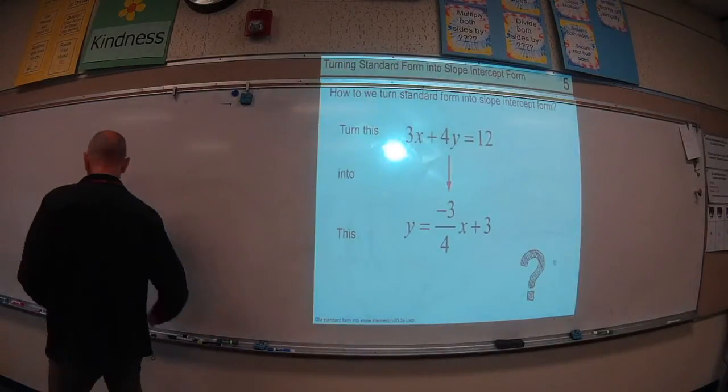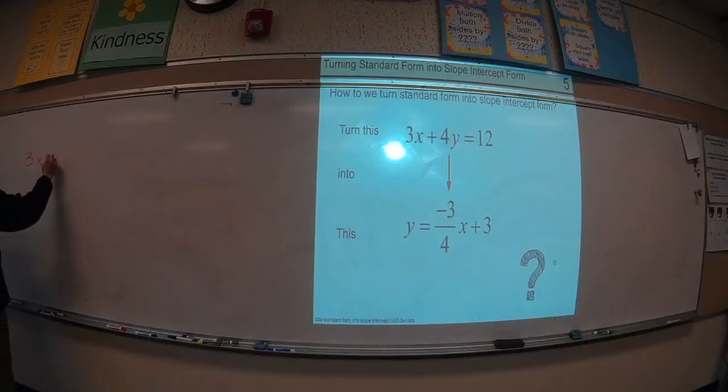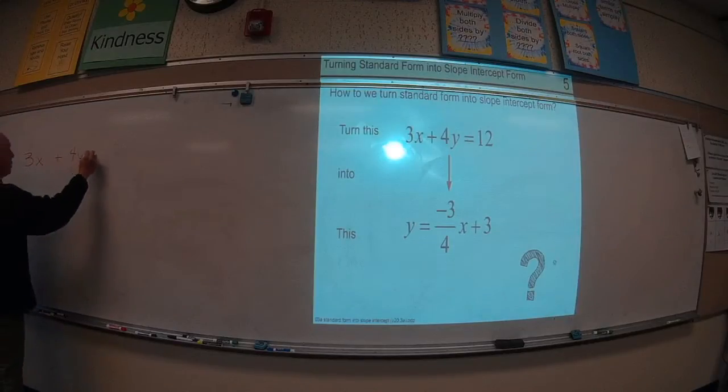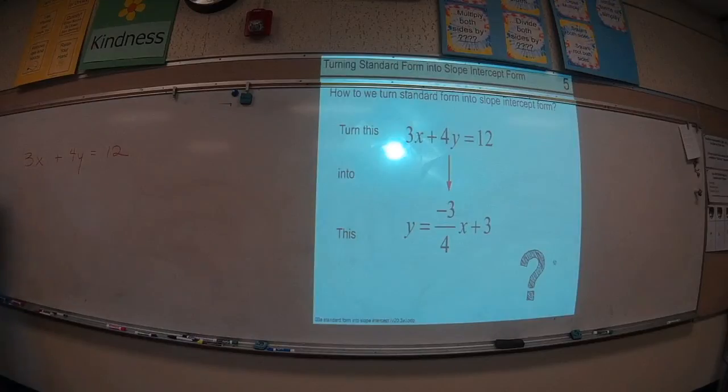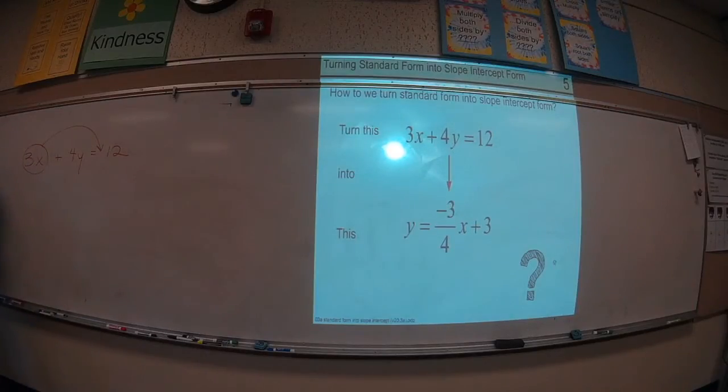So in your notes, we're going to do a move the x, divide by the y. 3x plus 4y equals 12. Circle the 3x using an arrow. Show where it should move to.